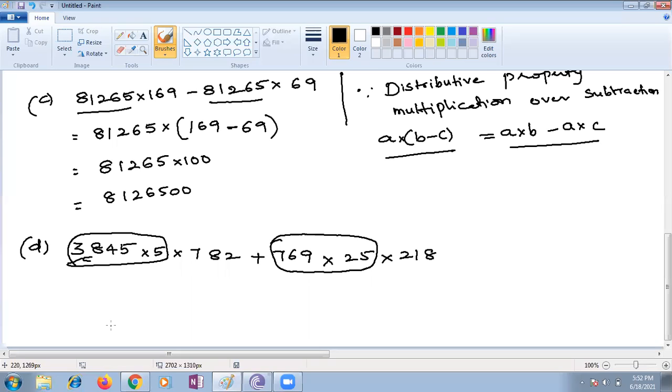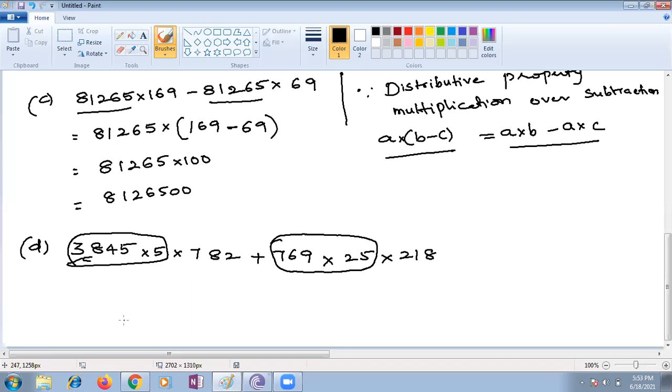With brackets: 3,845 into 5 into 782 plus 3,845 into 5 into 218.